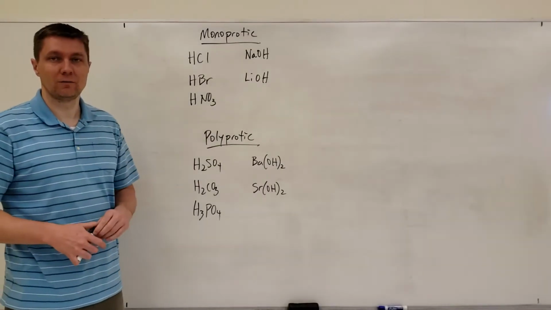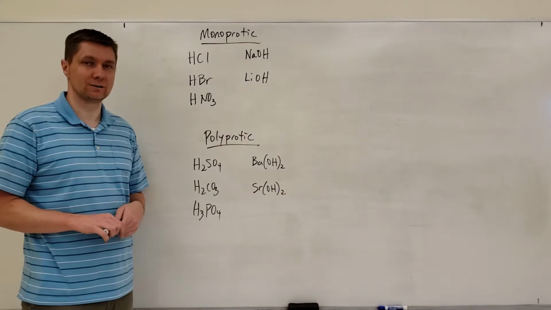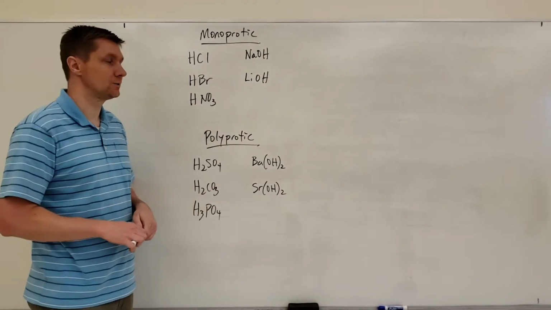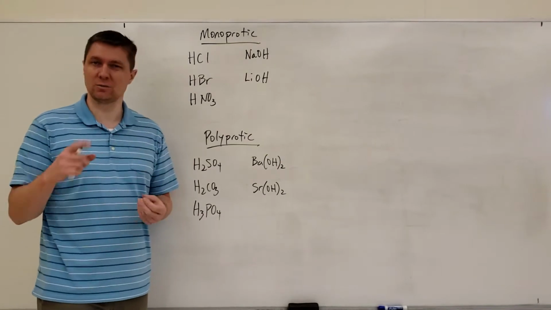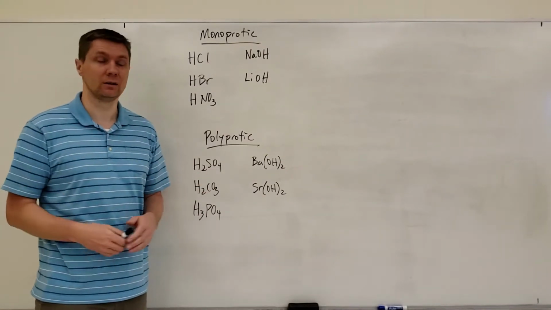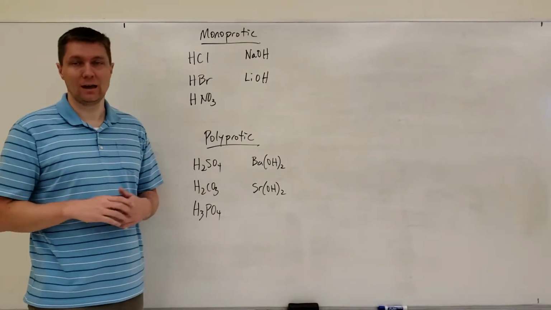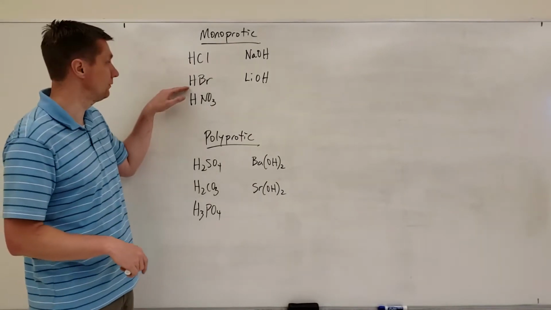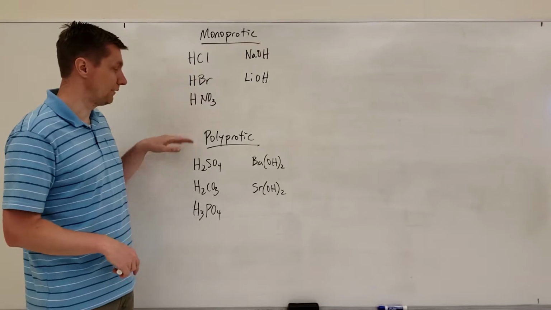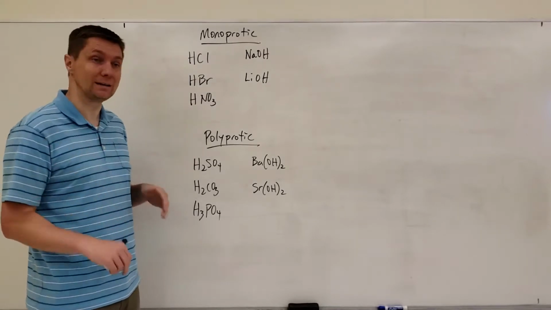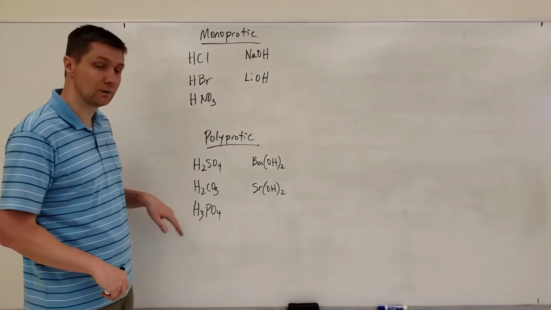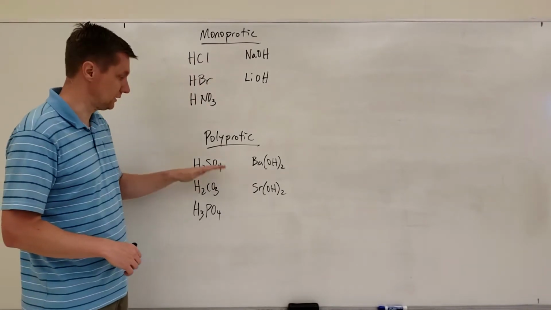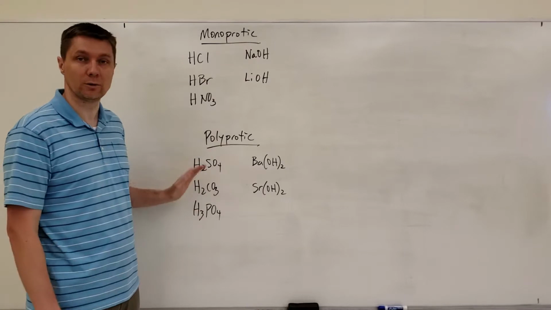Another concept for acids and bases here is these terms called monoprotic and polyprotic. Mono, if you remember, just means one, and poly means many. For acids and bases, we can have acids that contain 1 hydrogen in them, or we can have acids that contain more than 1 or many hydrogens, like these ones here. These acids here would be considered monoprotic acids, and these acids here would be considered polyprotic acids.